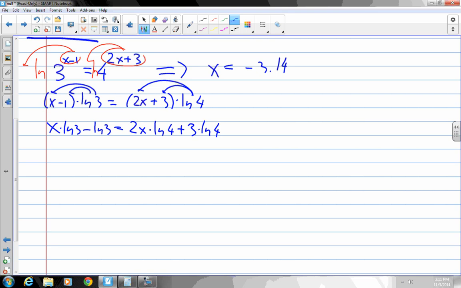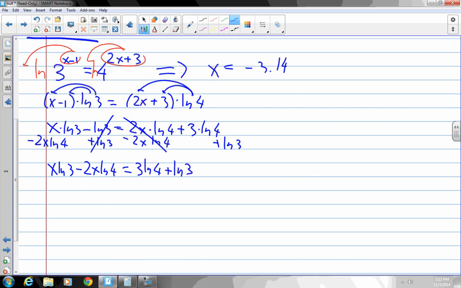So then, just like with the linear equation, we would group all the constants on one side, all the variables on the other side. So ln of 3 is a constant added to both sides of this equation. 2x ln of 4 is a variable, so move it to the other side. So that gives you x ln of 3 minus 2x ln of 4 equals 3 ln of 4 plus ln of 3.